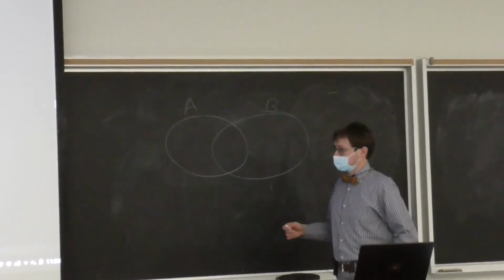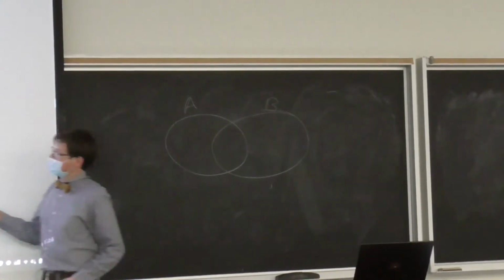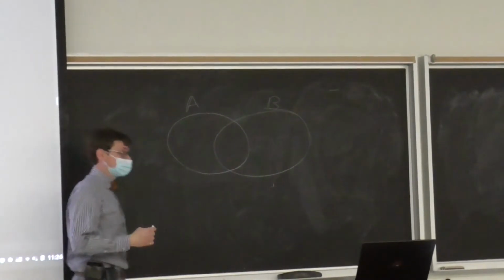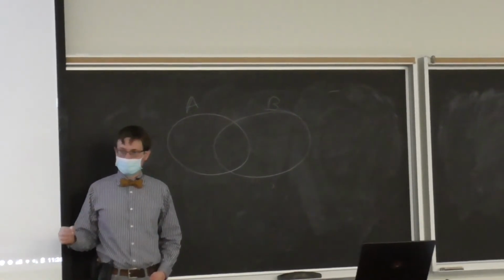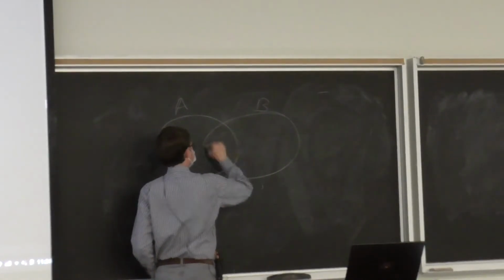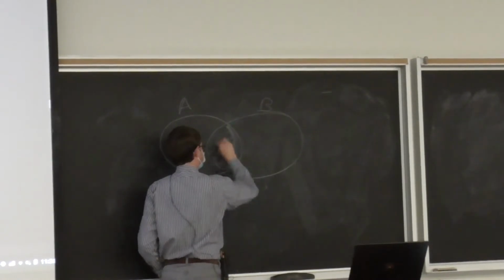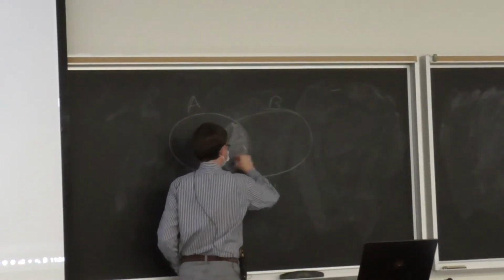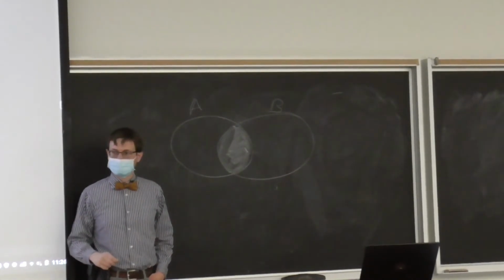I'm going to start with intersection. A intersect B is all of those elements occurring in both the set A and B. So this is the intersection, right?